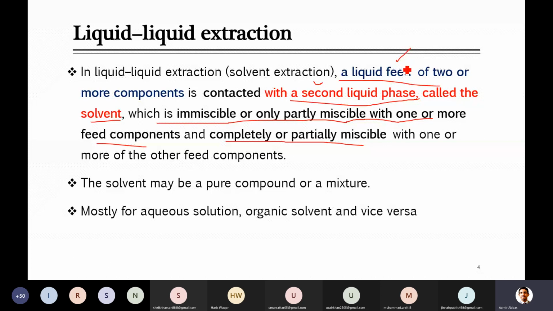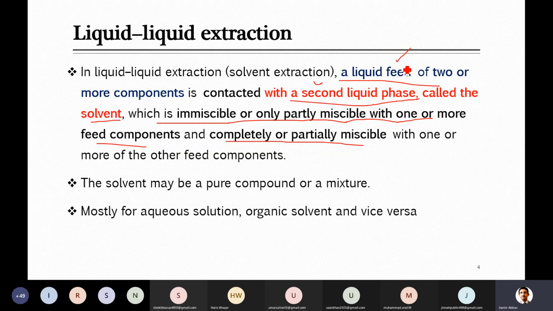when you want to remove some component and you are looking for a solvent, if there are aqueous solutions, and by aqueous solution I mean anything which is in water, then in most applications organic solvents are used.